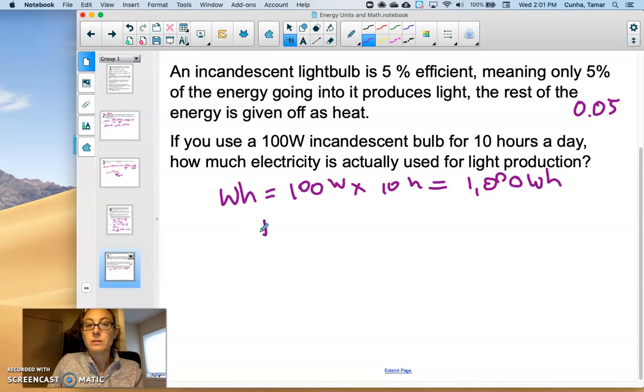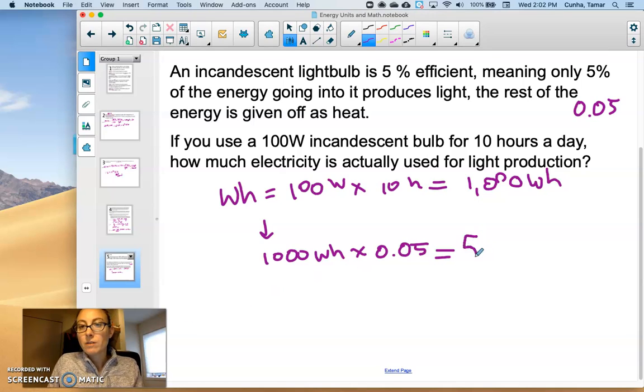So what we need to do is multiply that number, 1,000 watt hours times 0.05. This is the 5% efficiency. So of that 1,000 watt hours, 50 watt hours are actually being used for light production, which means that the other 950 watt hours just go into heat.